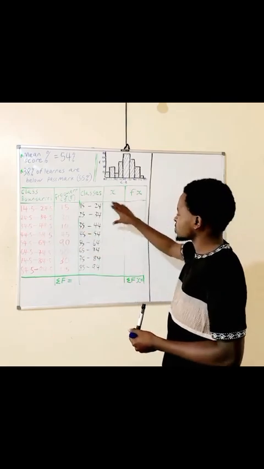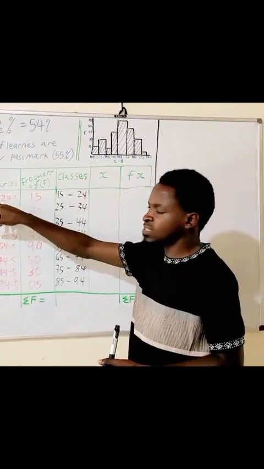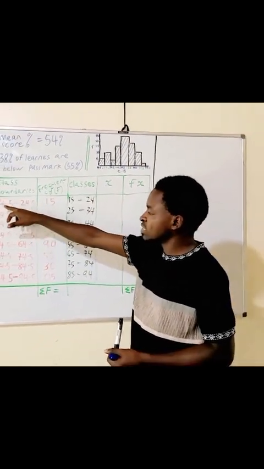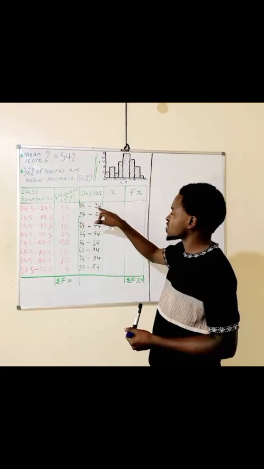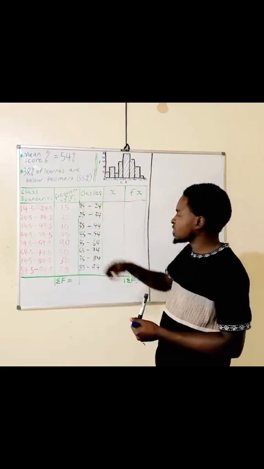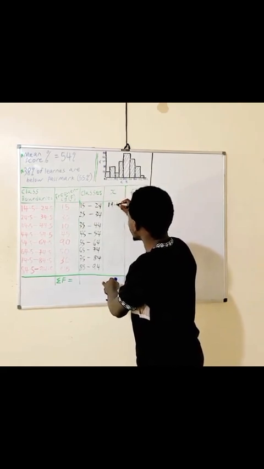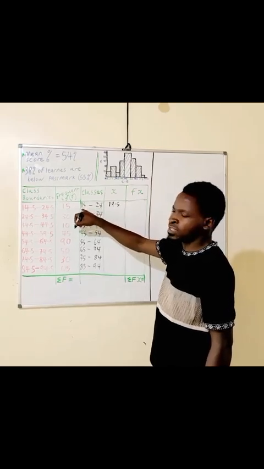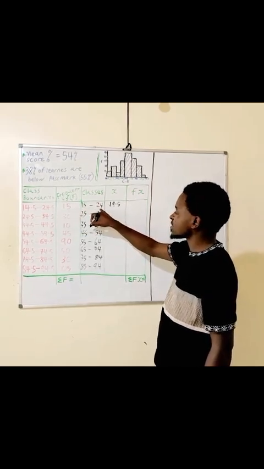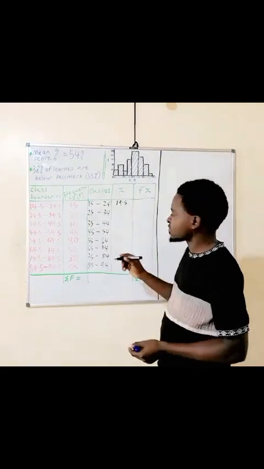Then I'm going to go on to get the x. Remember, x is the middle number of these classes. I add this plus this and divide by 2. It's the same as getting 15 plus 24 divided by 2. If I get 24 plus 15, which is 39, divided by 2, I get 19.5.